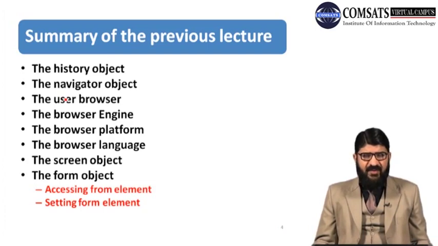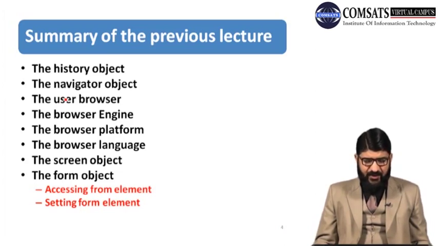And then we discussed how to access the form element, and similarly how to set the form element. There are different attributes for accessing and setting the form element accordingly.